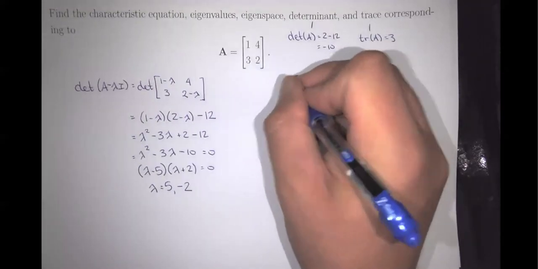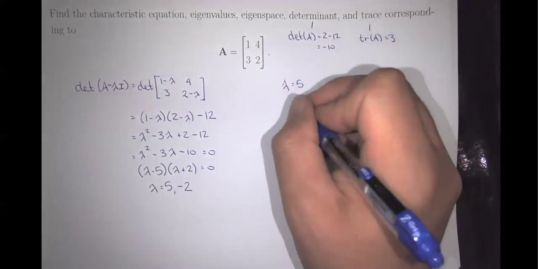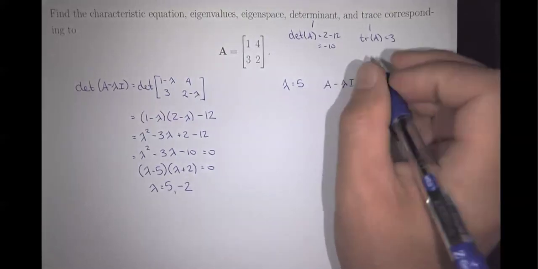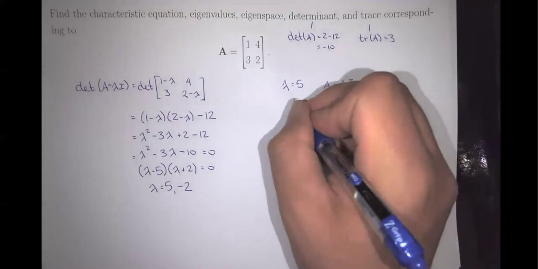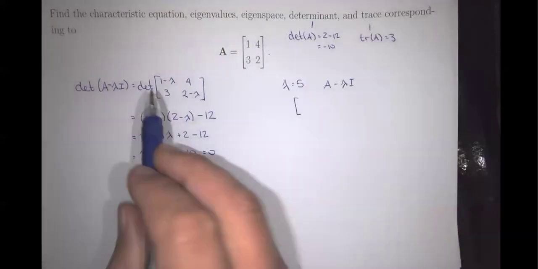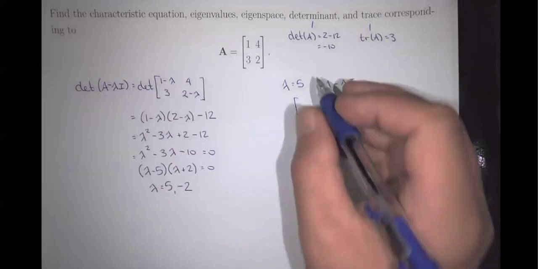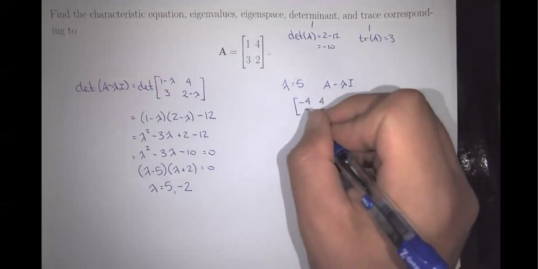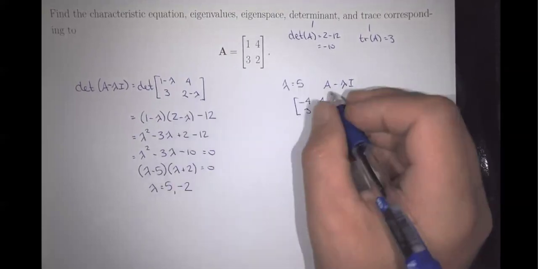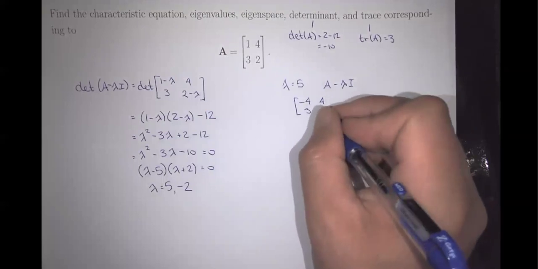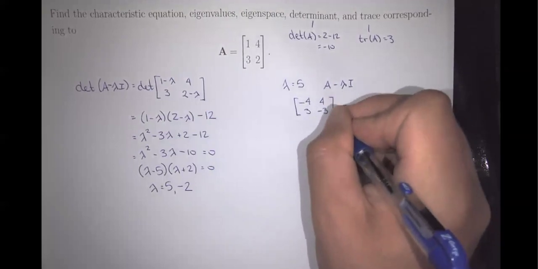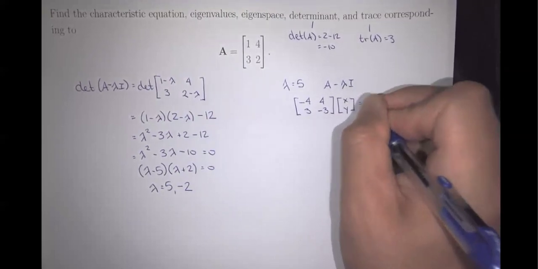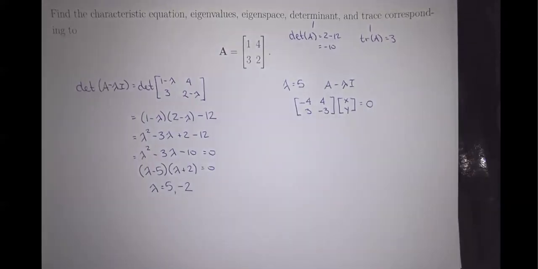So for lambda equals 5, we're looking for A minus lambda I, and we get 1 minus 5 is negative 4, 4, 3, and then 2 minus 5 is negative 3. So this times x y equals the 0 vector.